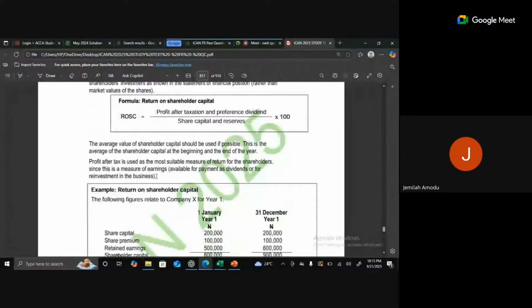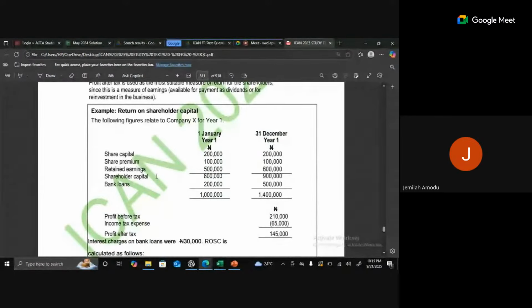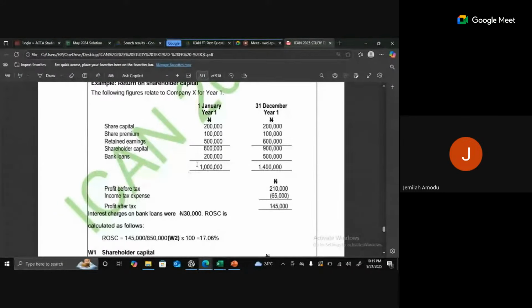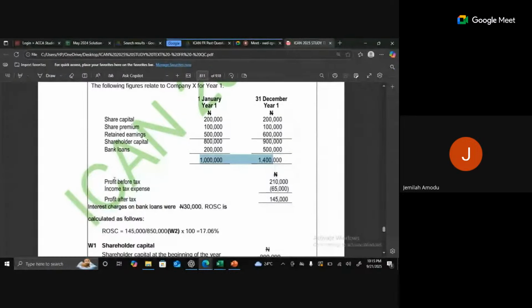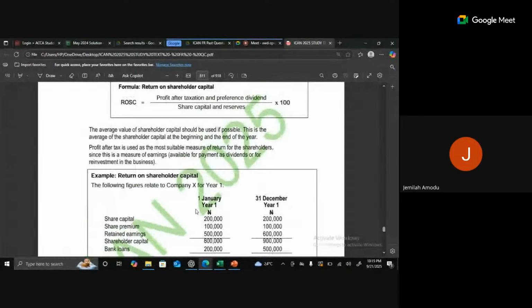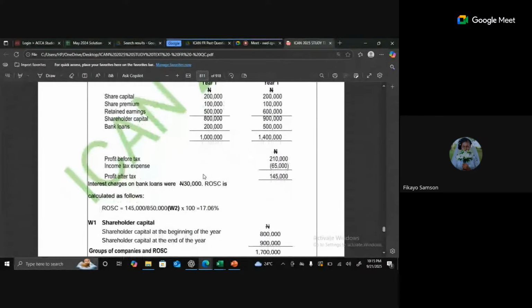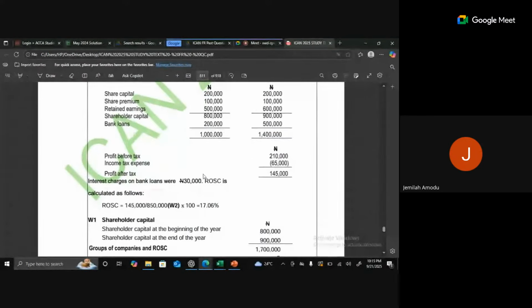So that's it. And they're giving us a little formula or questions to play with. So remember they say we can use average, right? So that means we are going to still take average of this. So we're given profits before taxation as this, income tax expenses, and this is our profit after tax.